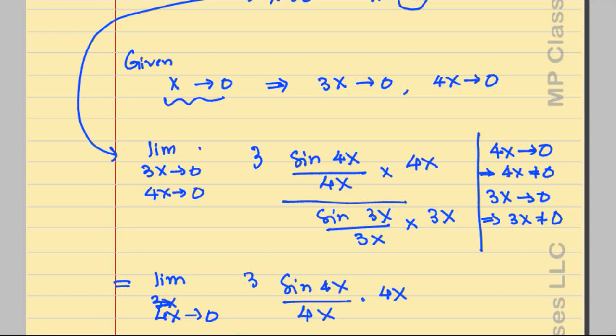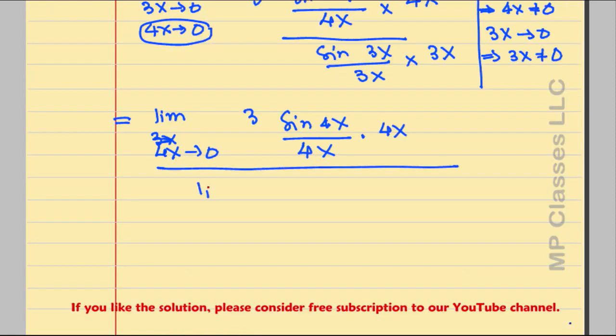So I am moving limit 4x with the numerator. Similarly, I am moving limit 3x tends to 0 with the denominator, where I write sine 3x over 3x and 3x here.